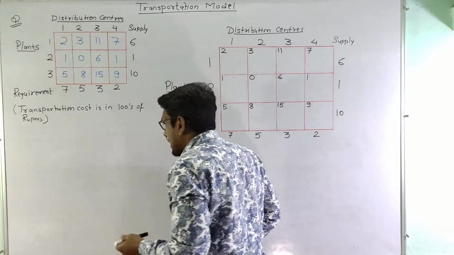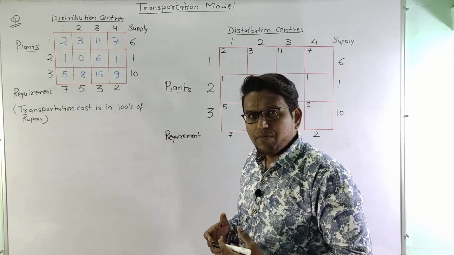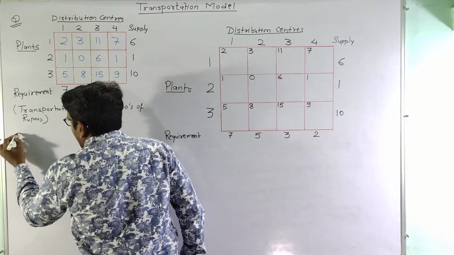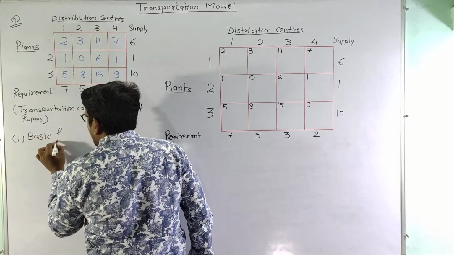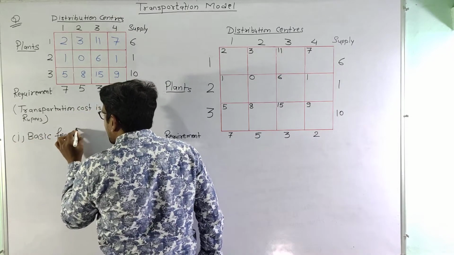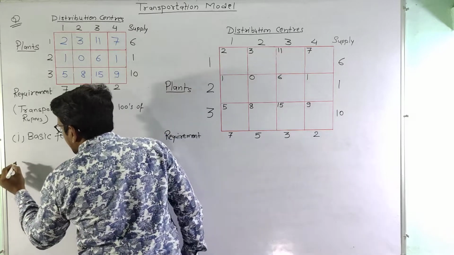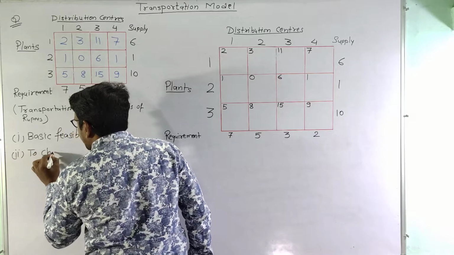Now, as we know, the transportation problem can be solved in two parts. First is to get the basic feasible solution, and second is to check for optimality.